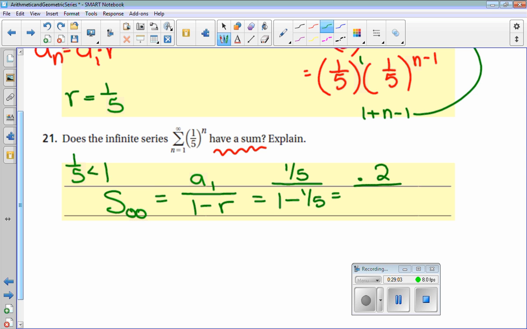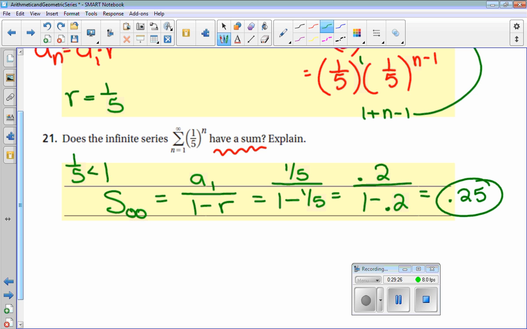So 0.2 divided by 1 minus 0.2. And you should get 1/4 or 0.25.